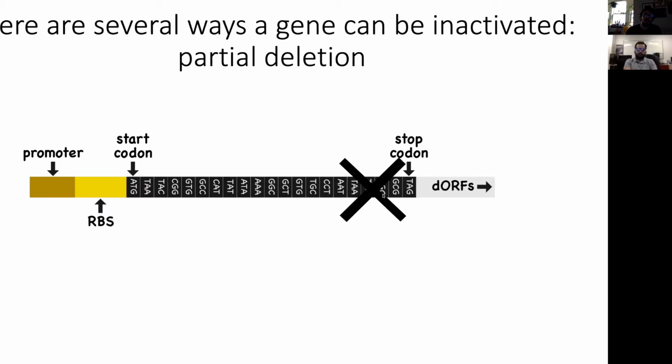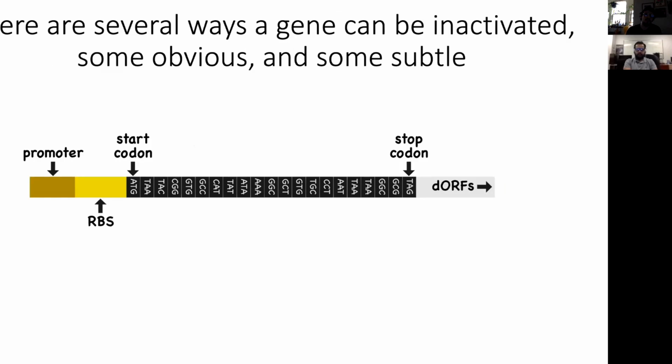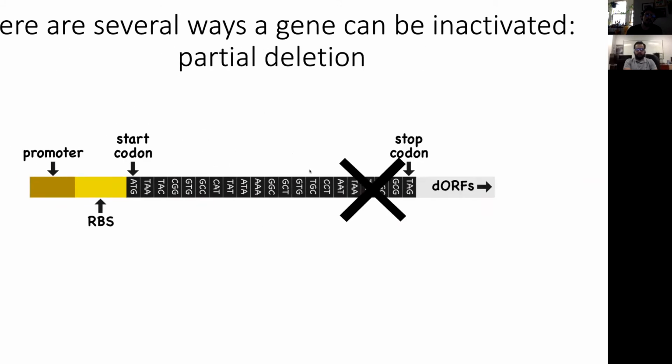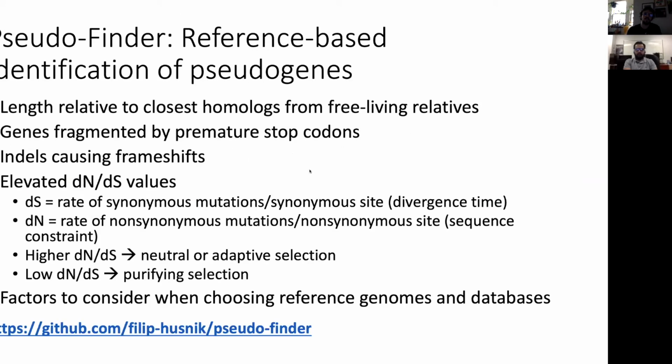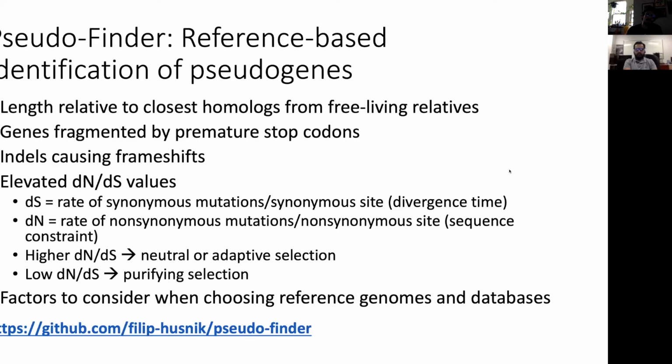Right, so just to sum up, there are lots of ways that a gene can become inactivated and become a pseudogene, and what PseudoFinder ultimately does is detect these subtle and sometimes obvious gene breakage events that occur.